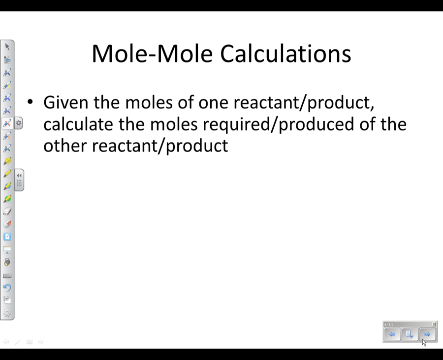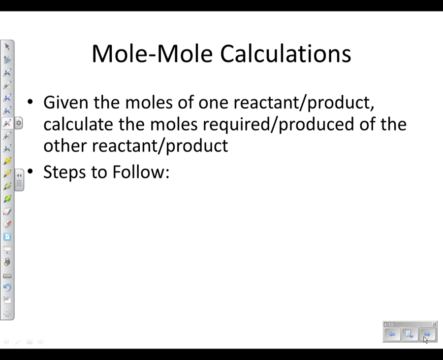Okay? Moles to moles compares the moles of one part of the reaction to the moles of a different part of that reaction. It could be reactants to reactants. It could be reactants to products. It could be products to reactants. We'll see all those different variations as we go along.